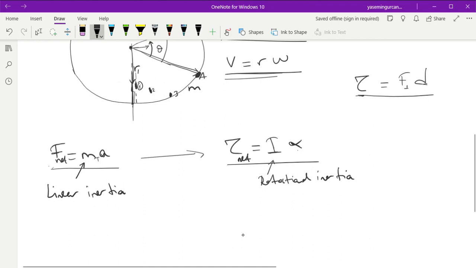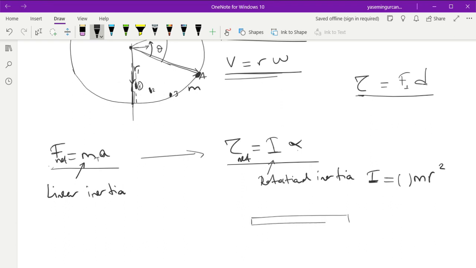So rotational inertia is a quantity we call I, we show it with a capital I, and mathematically it is mr square for a point particle, but there could be a constant in front, depending on the shape of the object. Rotating a rod, a stick basically, at one end of it is different than rotating it at the center of it.